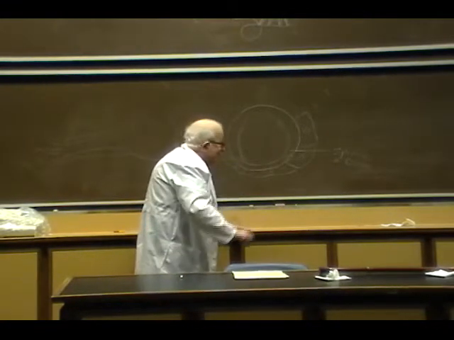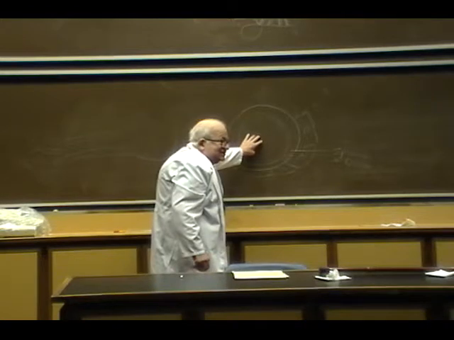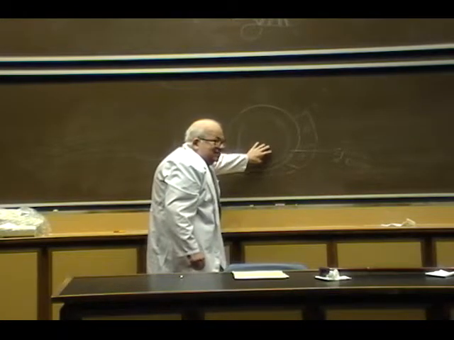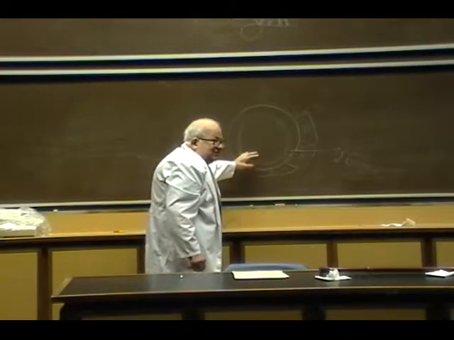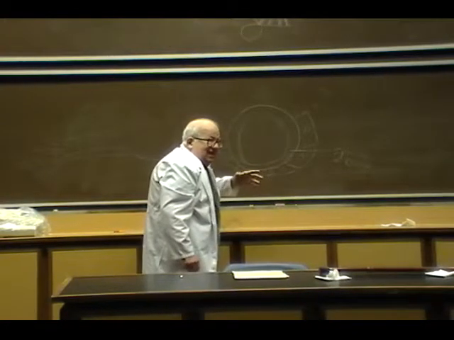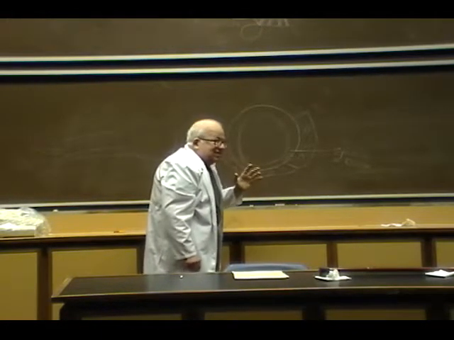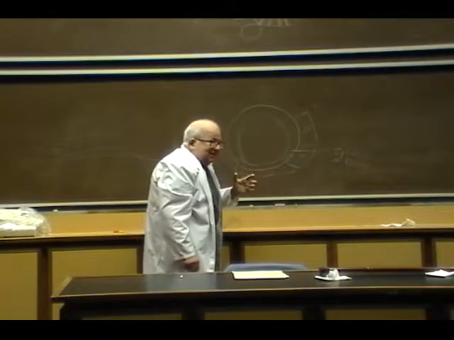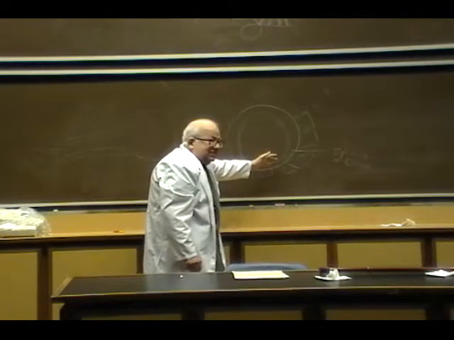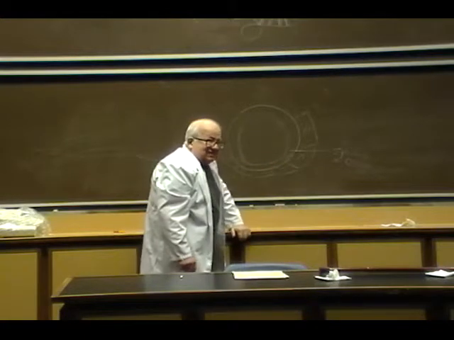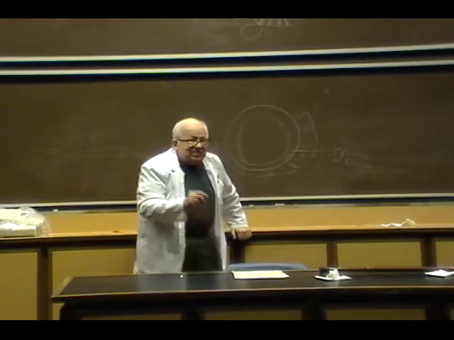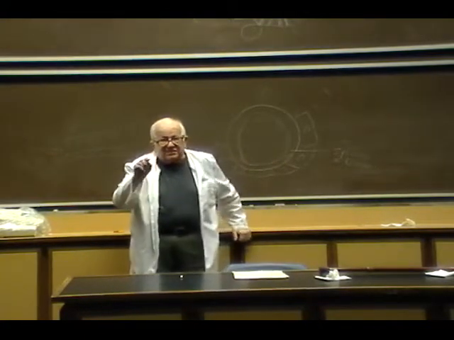Think about this. There are slits in the endothelium which permit blood proteins and every part of blood except the cells of blood to enter the space of Disse. They don't have to go through cells.